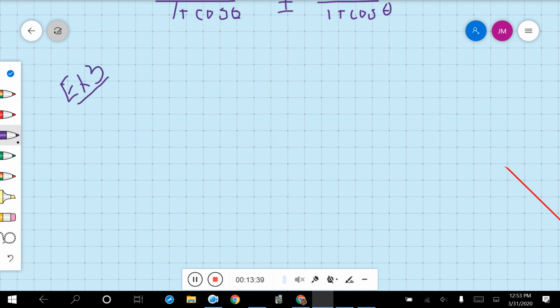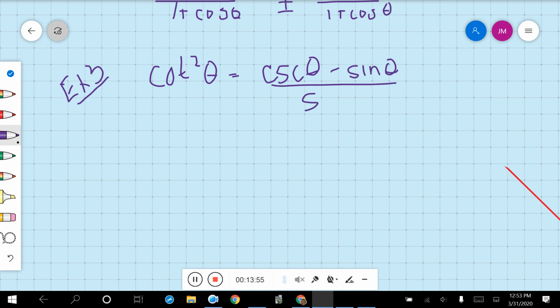Example 3. Cotangent squared theta equals cosecant theta minus sine theta over sine theta. Okay, so in this case, I think I'm going to work with the right side.